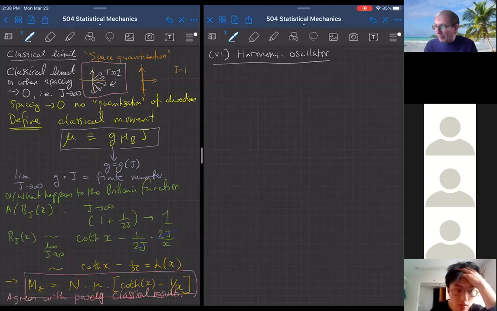First we're going to do one harmonic oscillator, and then an infinite number of harmonic oscillators, and that will lead us into black body radiation and some remarks about quantum electrodynamics.